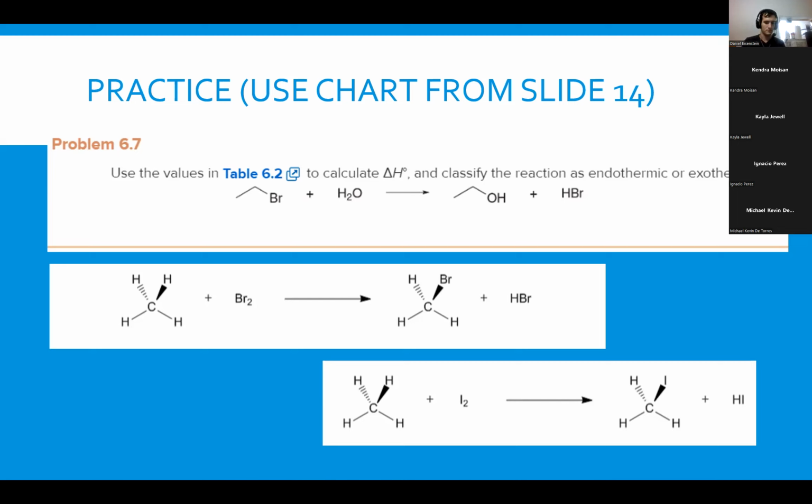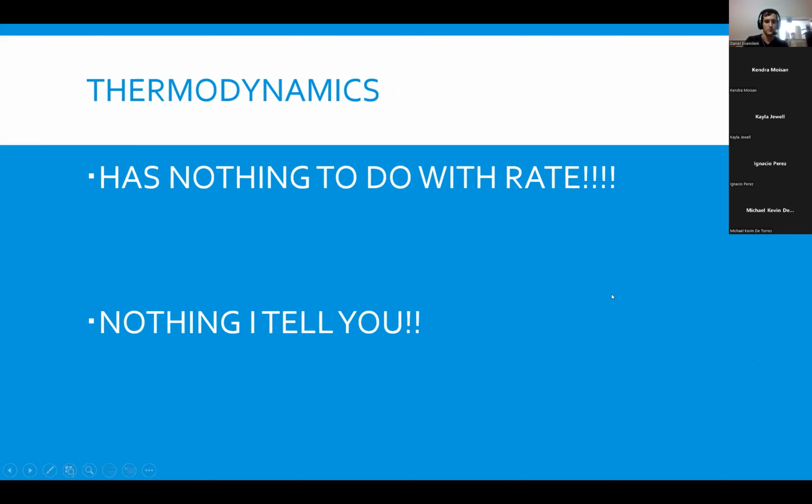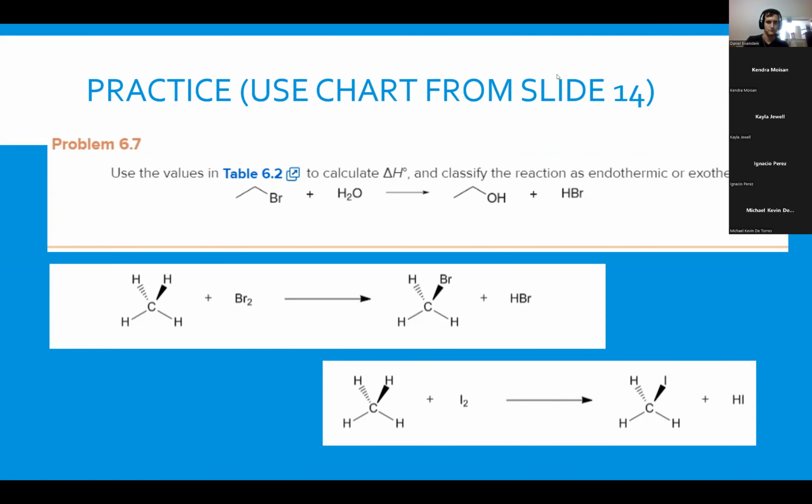So I just quickly wrote out the bonds that you're going to be focusing on.